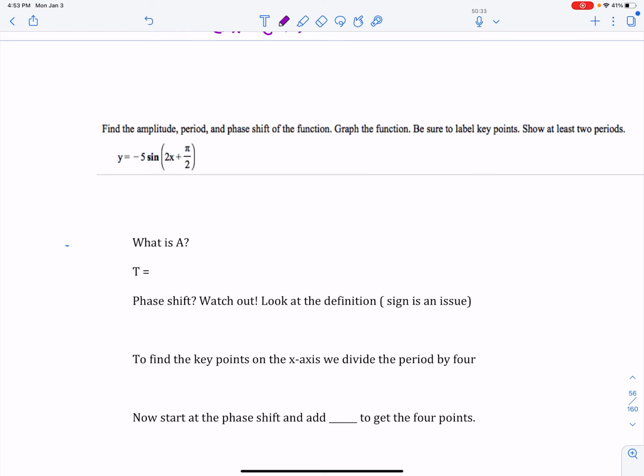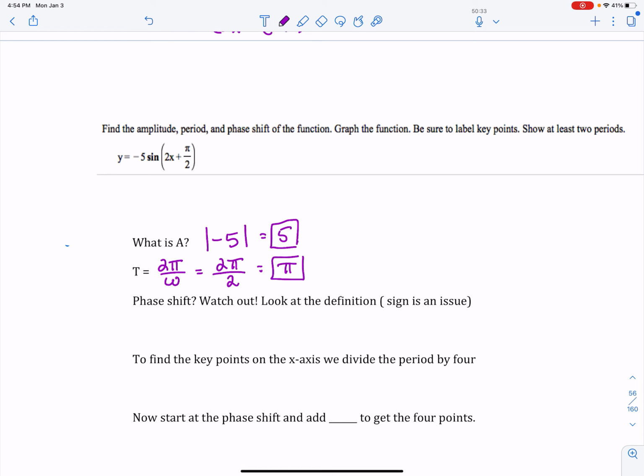And remember, the amplitude is the value in front of my trig function. So I take the absolute value of -5 and I get 5. So the amplitude is 5. The period is 2 pi over omega. So 2 pi over omega, which is 2. That's the value in front of x. So the period is just pi.